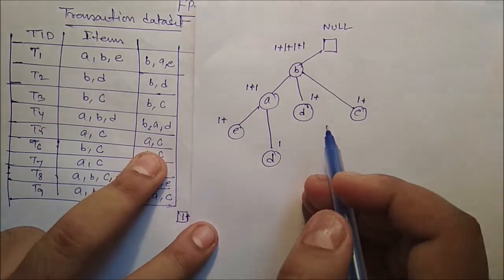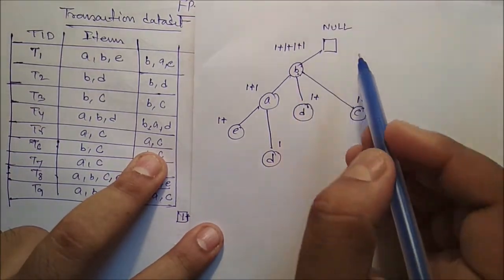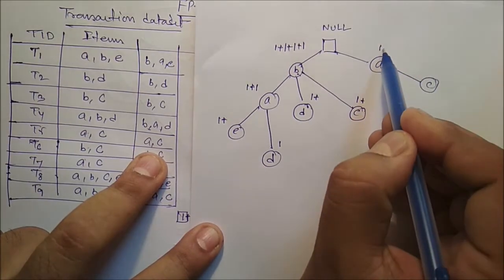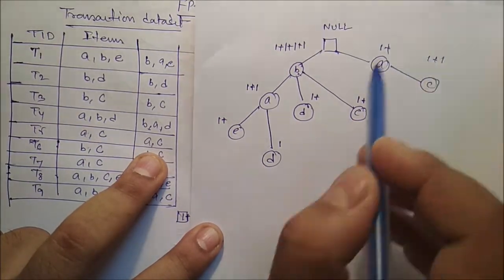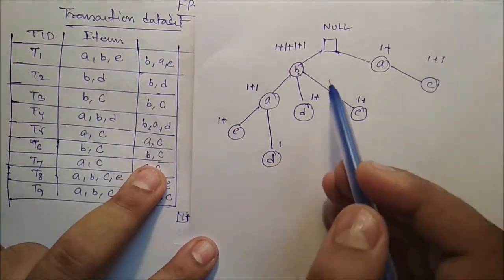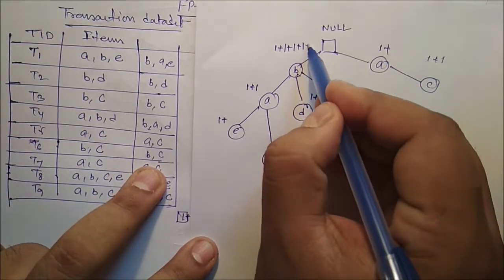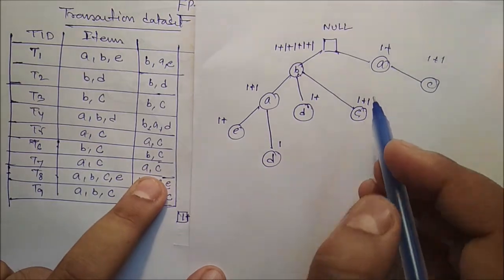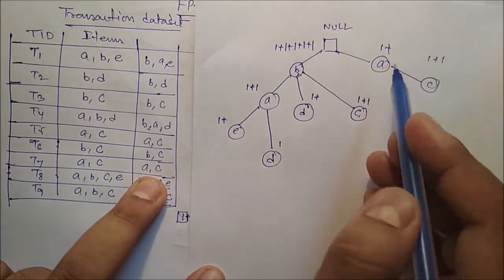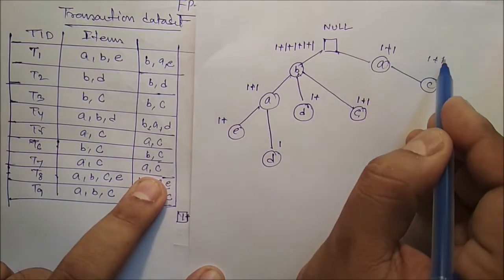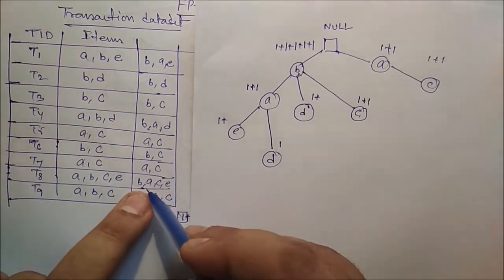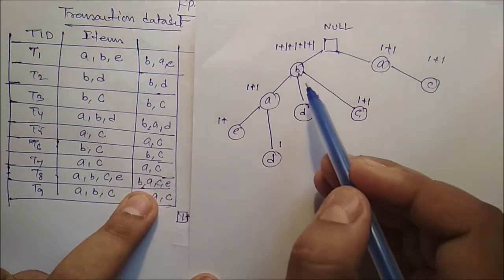Then AC. Starting from B, we need another branch for A and C. Then B and C. B is already there, and then C. Then AC. A is already there, and then C. Now BACE.